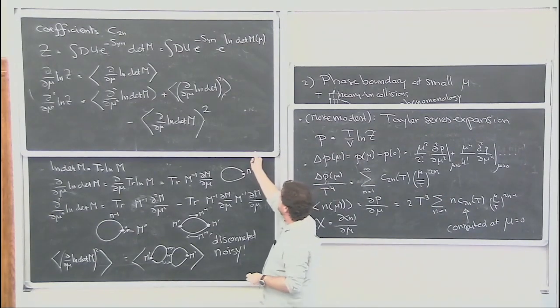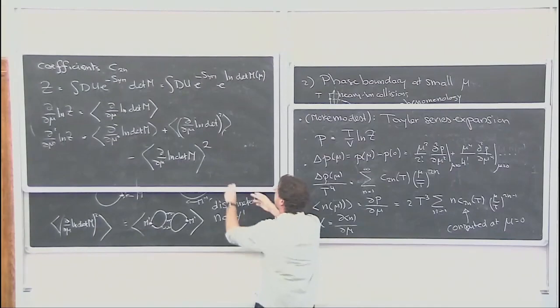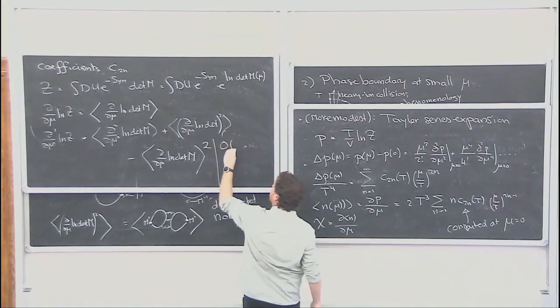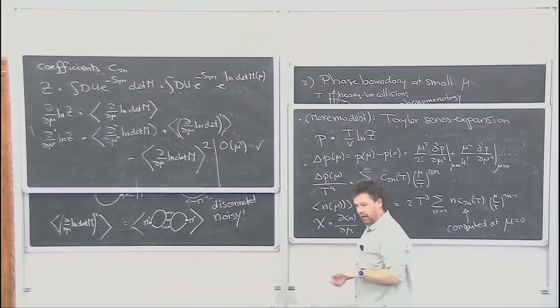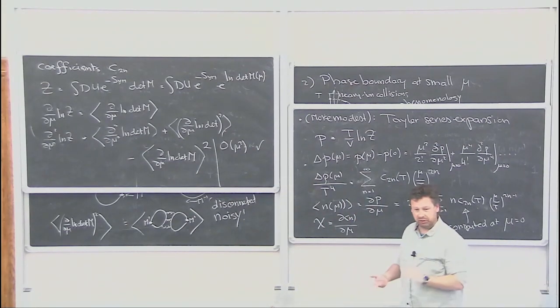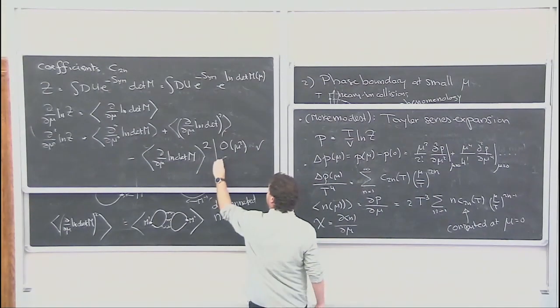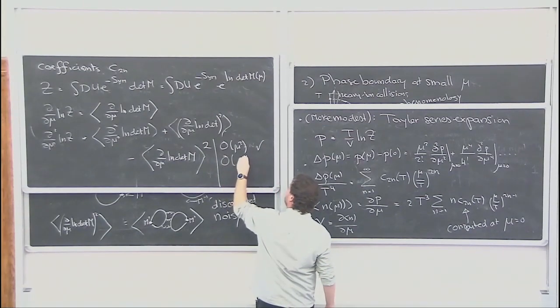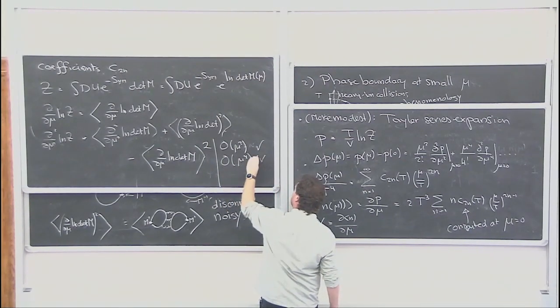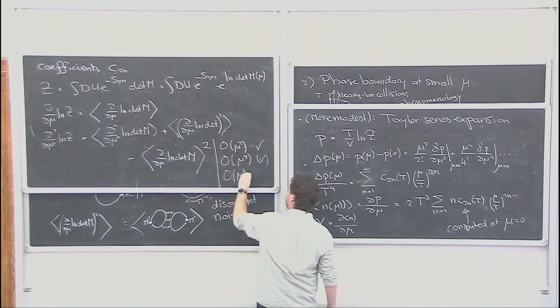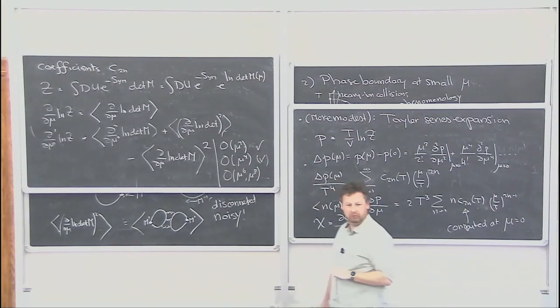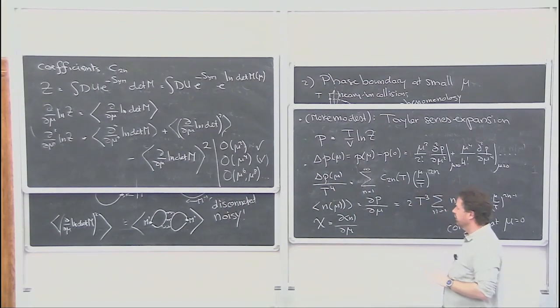So the state of the art here is more or less, I would say, that the order mu squared terms are fine, meaning they have been computed for physical quark masses in the continuum limit, and then the order mu to the 4 is probably almost fine, and the current status is, say, mu to the 6th, mu to the 8th, where there is still some work to do to get the coefficients under control.